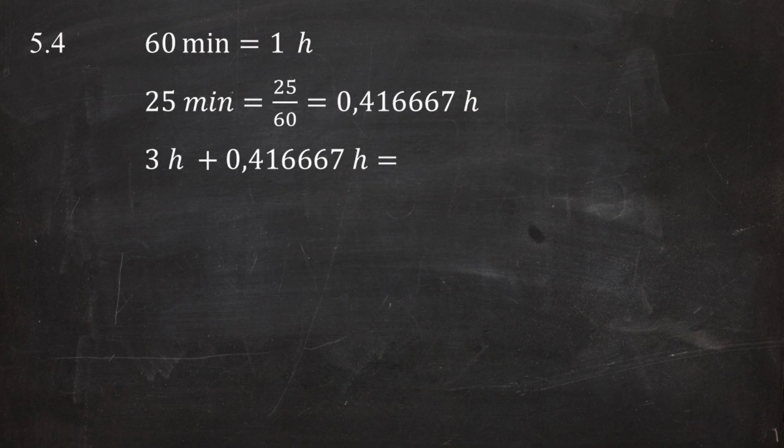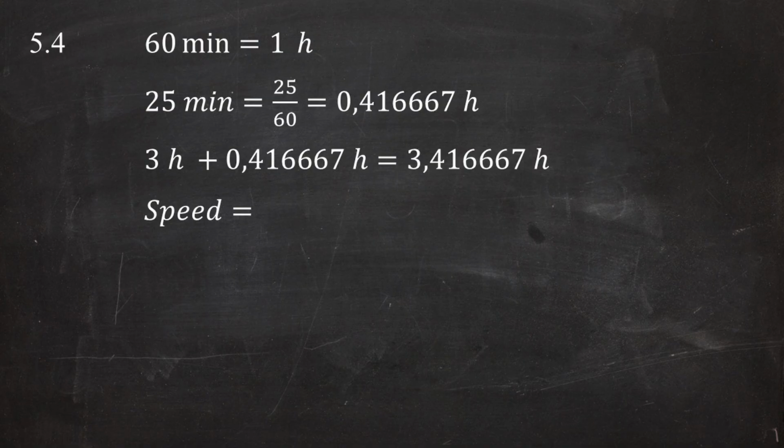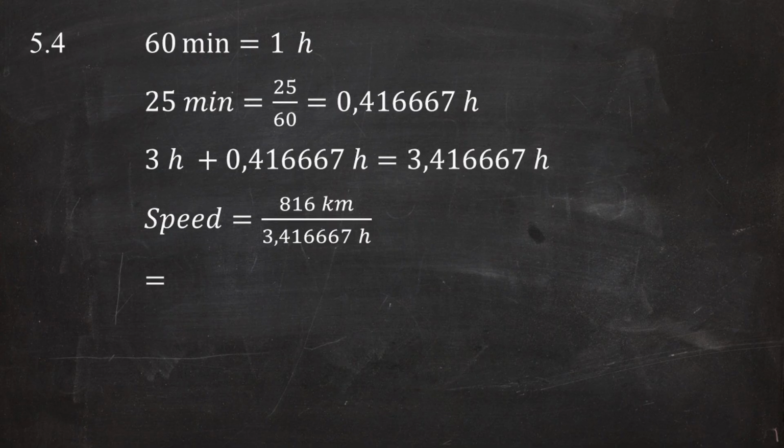Adding this to the 3 hours will give us a total time in motion of 3.416667 hours. Now substituting the value of the distance of 816 kilometers and the time in motion of 3.416667 hours into the equation for speed will give us an average speed of 238.83 kilometers per hour.